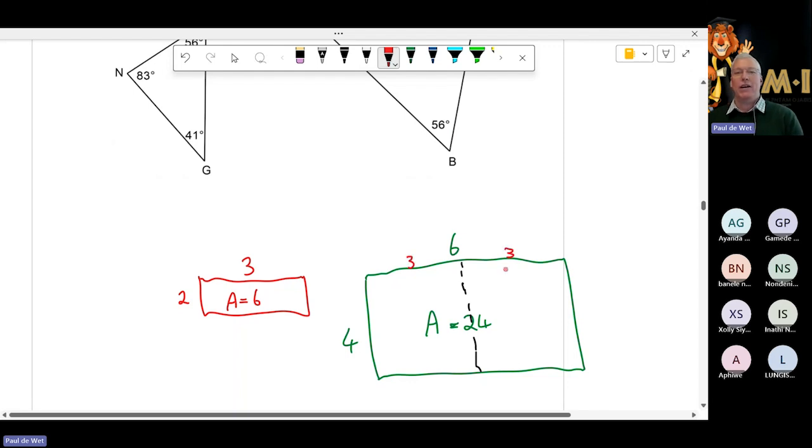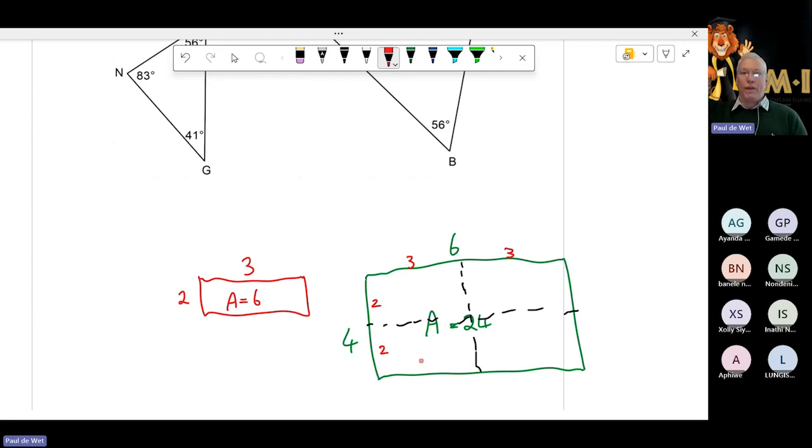Am I right? It will also fit in twice over here, because it will fit in with a 2 and a 2. So how many little red rectangles are there in the green rectangle? 4.